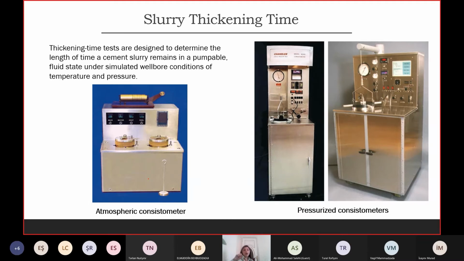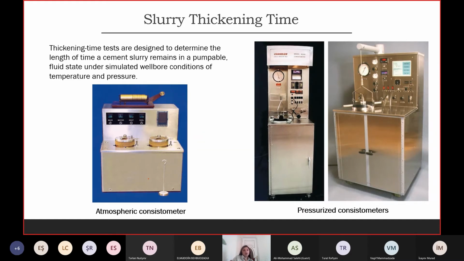Your starting point is 28 Celsius, and you say, okay, my bottom hole temperature will be 45 or 85 Celsius, and your simulator shows that after 45 minutes you will get the highest temperature and the highest pressure. You add these as your peaks to this machine. You input this data, and it gives you when the slurry becomes unpumpable.